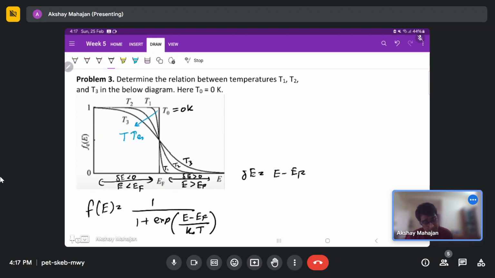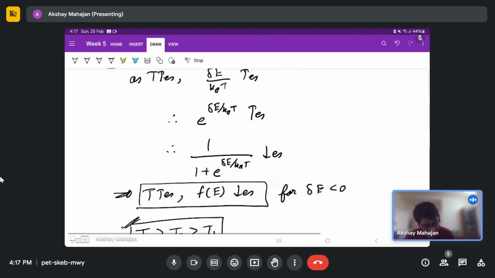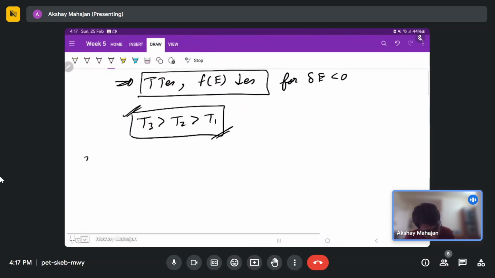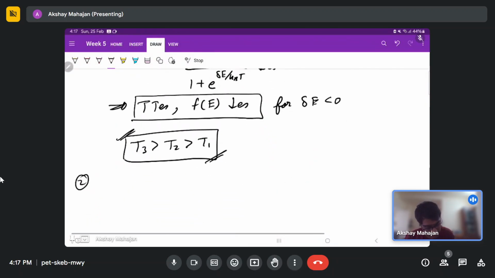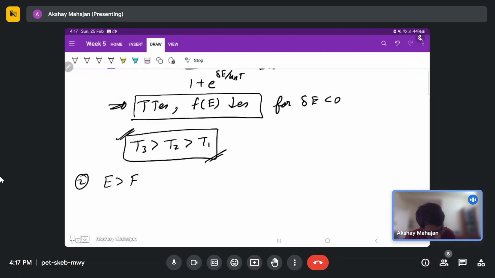The temperature is increasing in this sense because the Fermi-Dirac distribution should decrease. But if only the range of energy greater than EF is given to you in the problem, then we have del of E greater than 0.